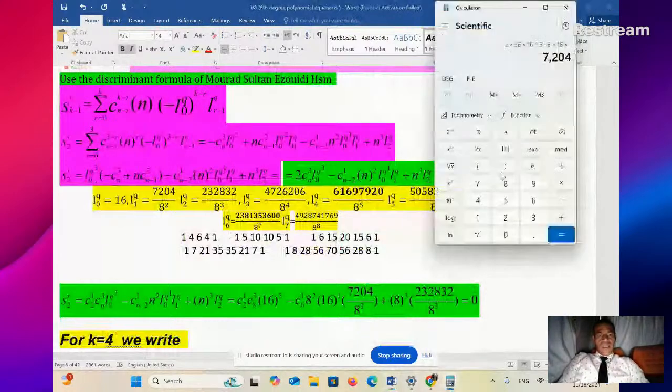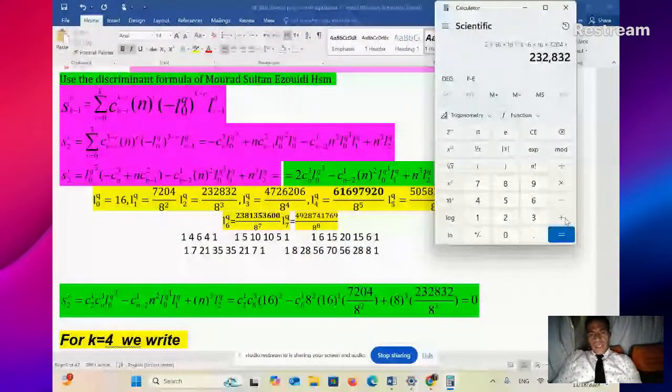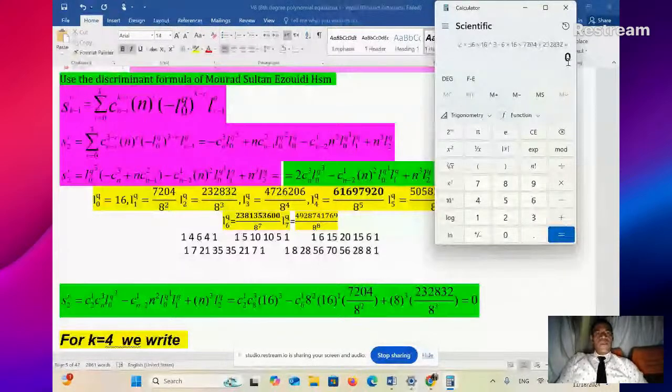Let's just calculate negative 6 times 16 times 7,204. Plus 8 cubed divided by 8 cubed will be removed. Just like plus 232,832. This one, learners, has to be equal to 0. You see this one? So it's going to be equal to 0.